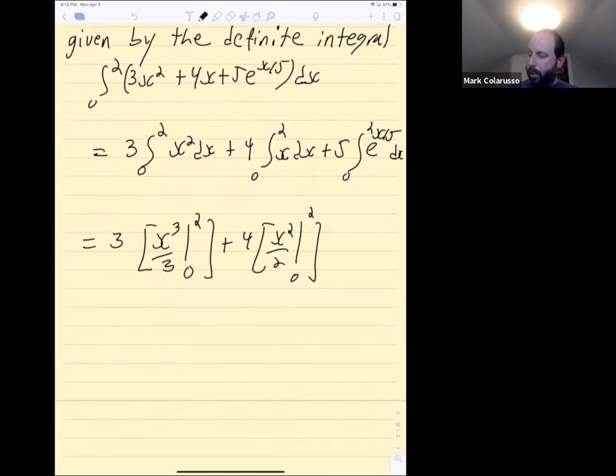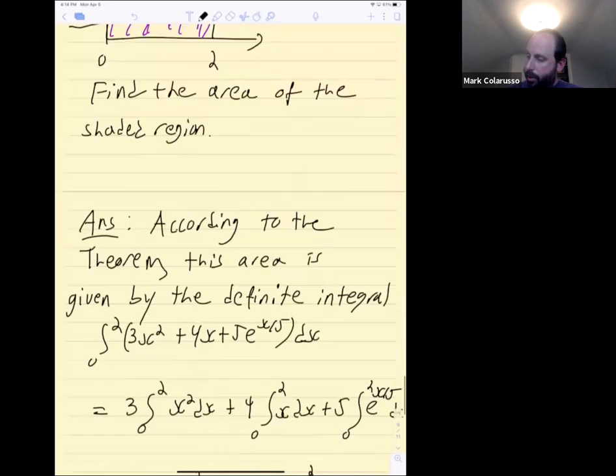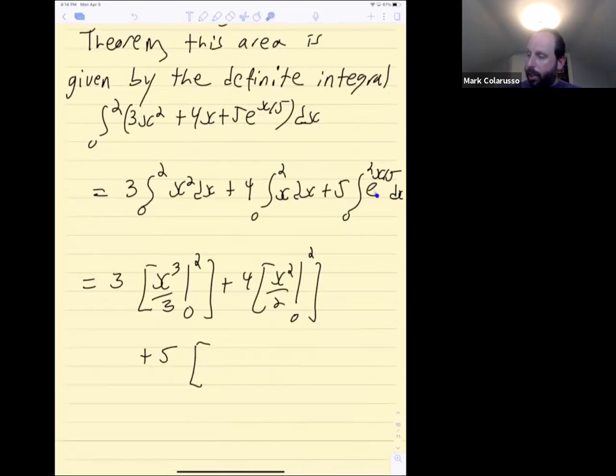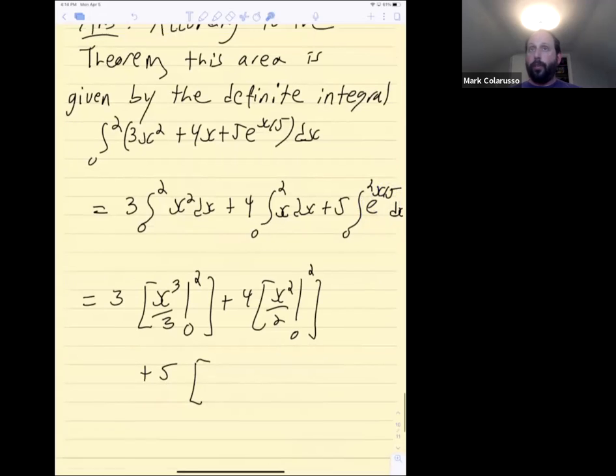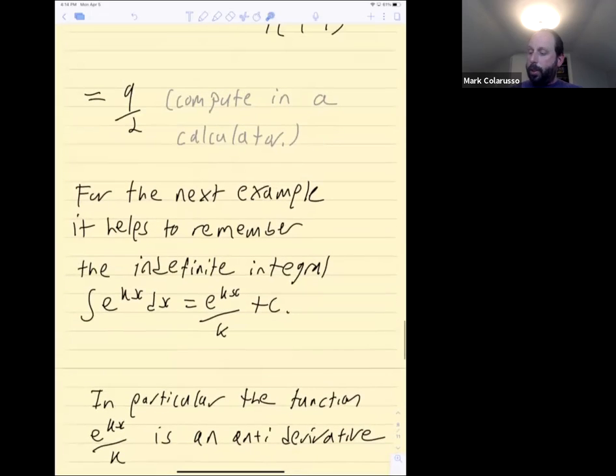And then we get to the last term: plus 5 times the antiderivative of e to the x over 5. This is the formula, and now we're going to use it with k equals 1/5.